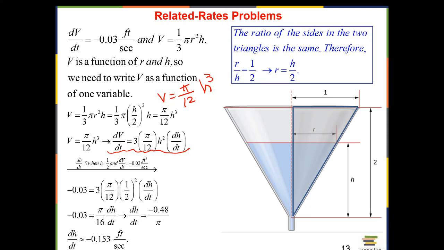So when the water volume is decreasing at the rate of -0.03, oh, that should be cubic feet per second. The unit should be cubic. Then the height is decreasing at this rate right here, -0.153 feet per second. All right, so that's it.